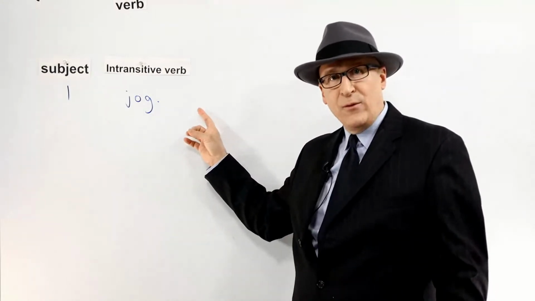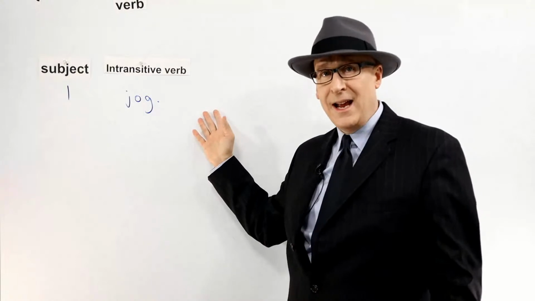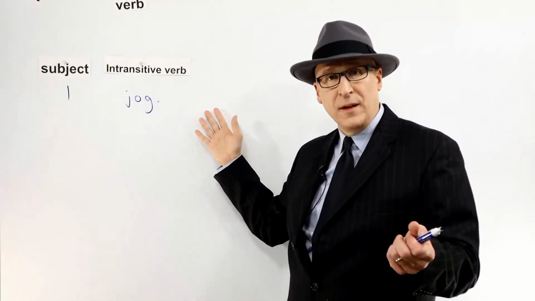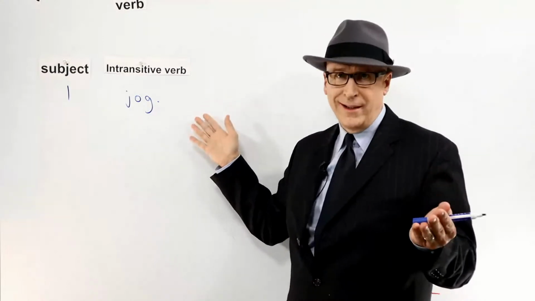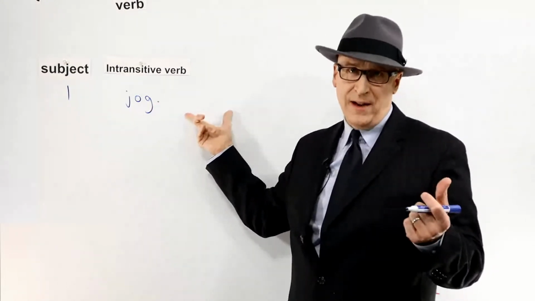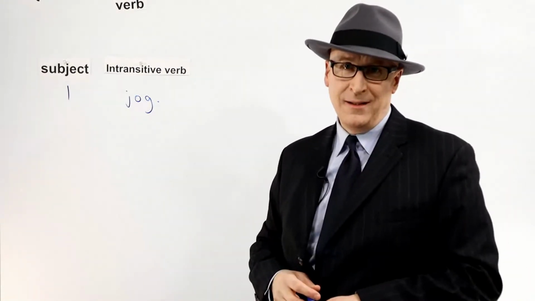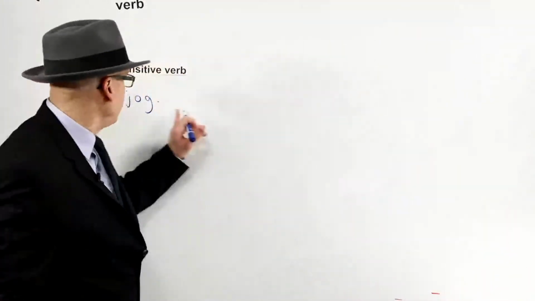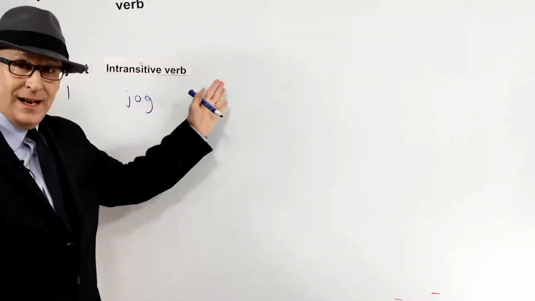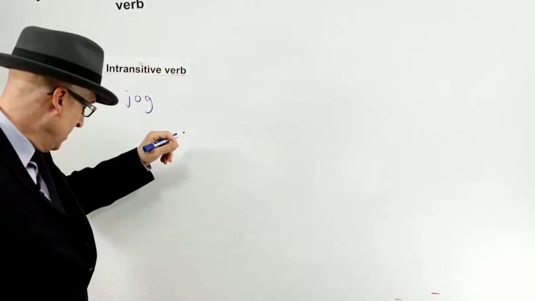So, we don't need an object after it, but we can have other stuff after it, which is proven by the adverb quickly. You can put I jog quickly. So that's evidence that we can put stuff after it. Okay, let me repeat that. It's an intransitive verb, so we do not need a noun object. But we can put other stuff like an adverb.